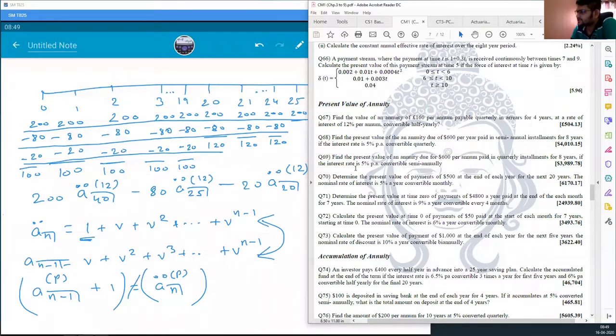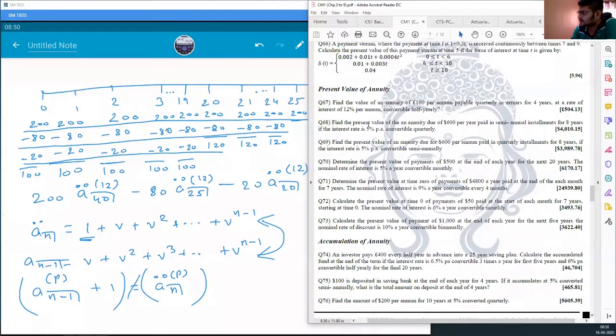So 68 and 69, they are saying find the present value of an annuity due of 600 per year paid in semi-annual installments for 8 years if the interest rate is this much. See, the term annuity due means that they have taken it in advance.